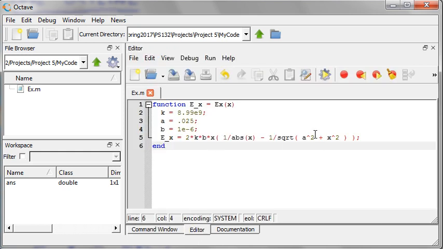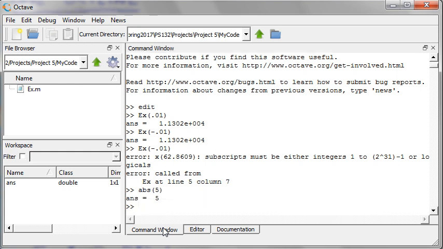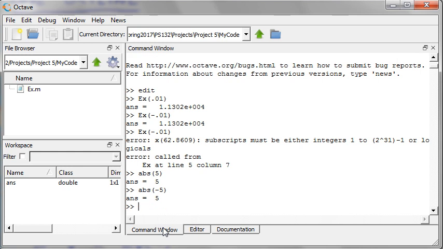So I got square root of the quantity a squared plus x squared, all divided into 1, and that being subtracted from 1 divided by the absolute value of the square root of x. Let's make sure I got absolute value is right. Absolute value of 5 is 5, and absolute value of minus 5 is 5, so that looks good. Let's see if I can read that whole message up here.